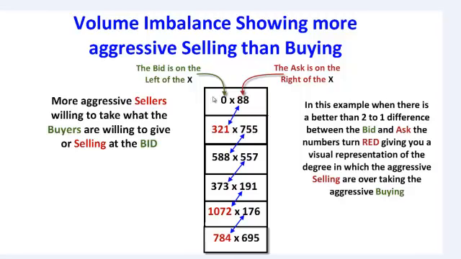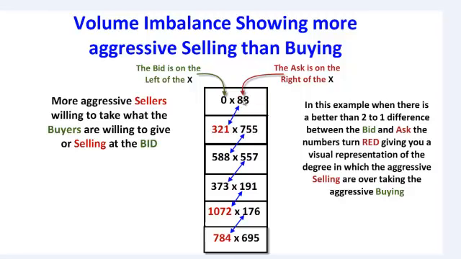It measures these two numbers diagonally. This is the ask side, the sellers, but the buyers are coming over to the seller side. So it's measuring buyers coming over and paying up. That's the volume it's measuring.